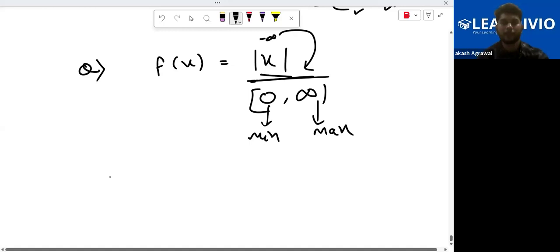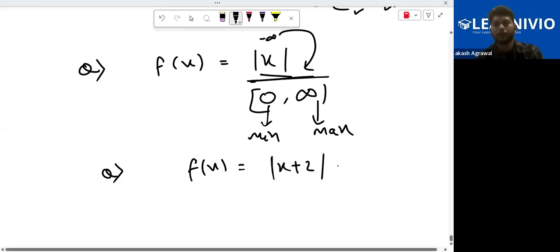Okay, let's do one more question. F of x is equal to mod x plus 2 minus 5.